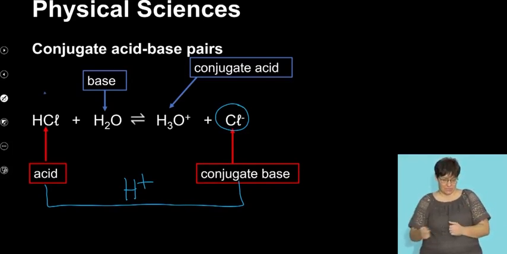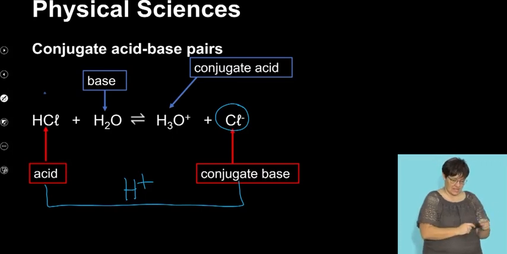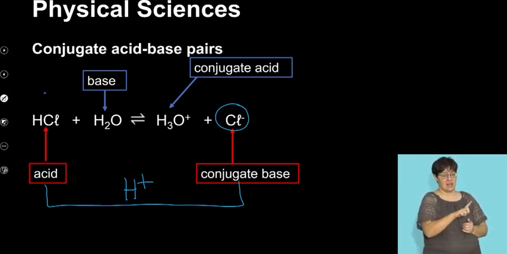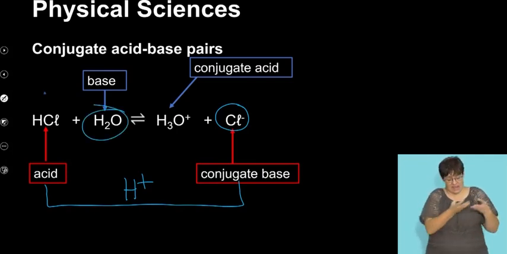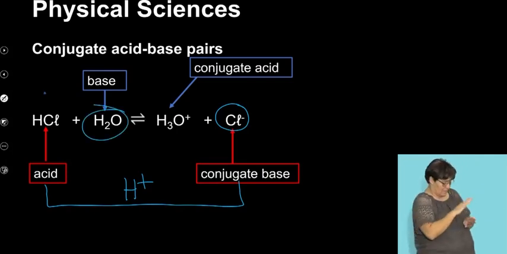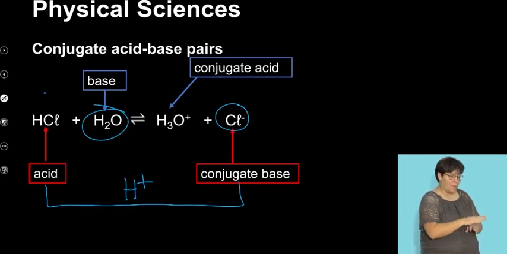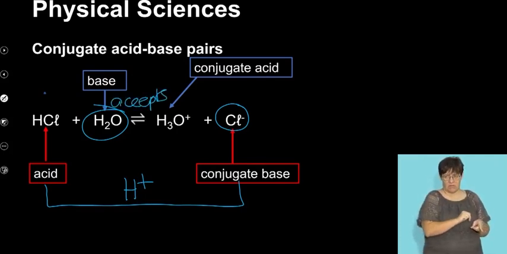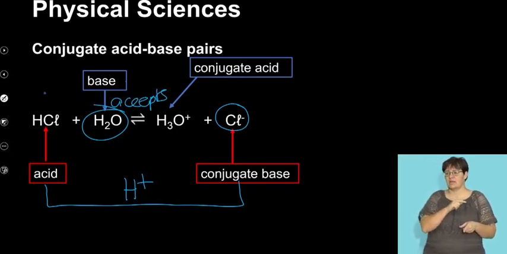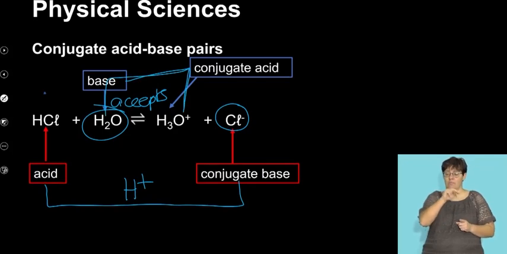When we look at water, because hydrochloric acid is the acid, that means water is the base. The base accepts the proton, making it a hydronium ion, and that hydronium ion is now the conjugate acid of water.